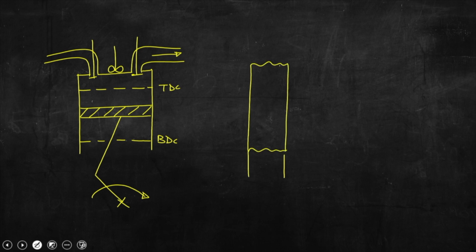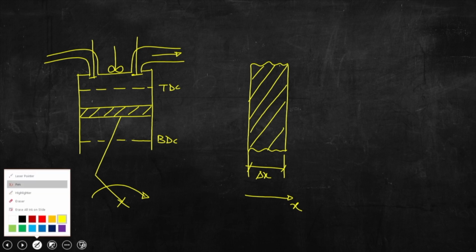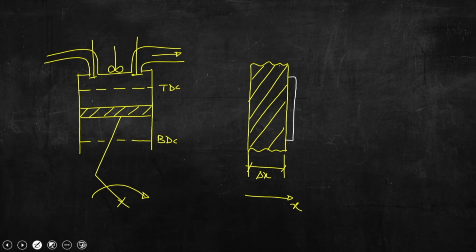it has finite thickness, say this is delta x. If we take this as the x direction, now this is the cylinder wall, and a cooling water jacket is provided to take away heat from the cylinder or combustion chamber.